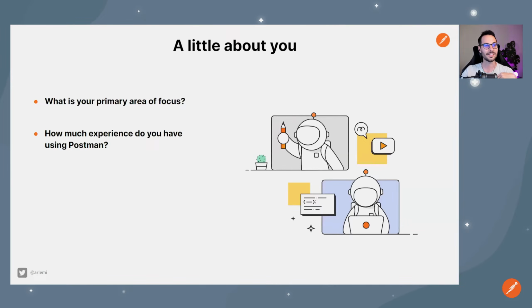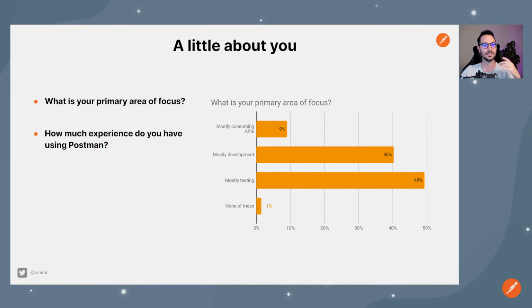And with that said, I see everyone answered. That's 100%. Excellent work, team. I've never had that before. So I'll end the poll and I'll show the results so you can all see what's happening there. So we have 40% of people that are doing mostly development, 50% of people that are doing mostly testing, and then 9% mostly consuming APIs.